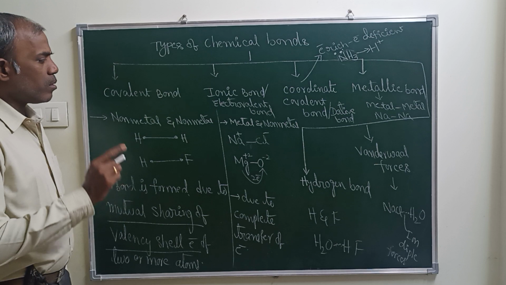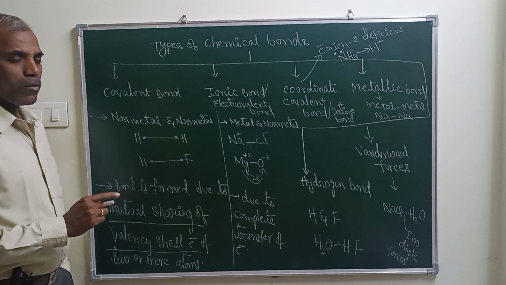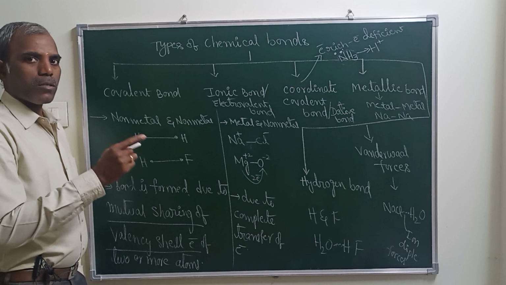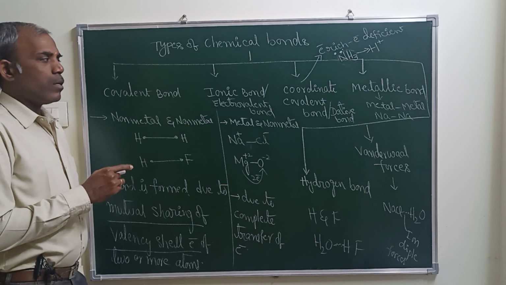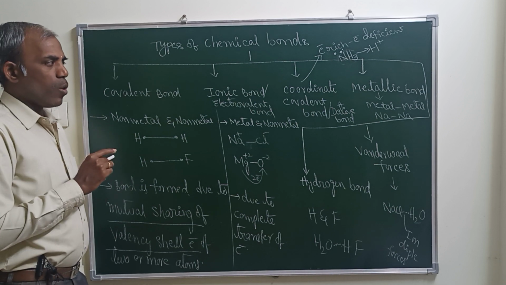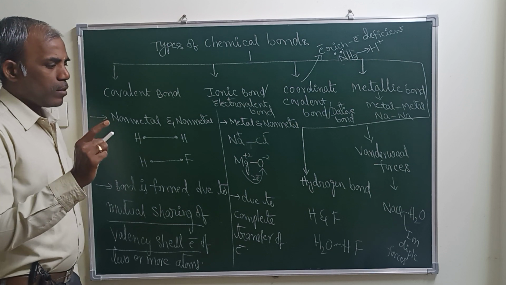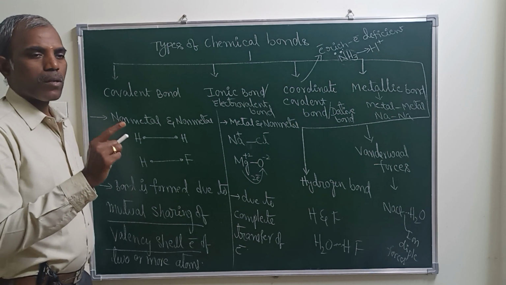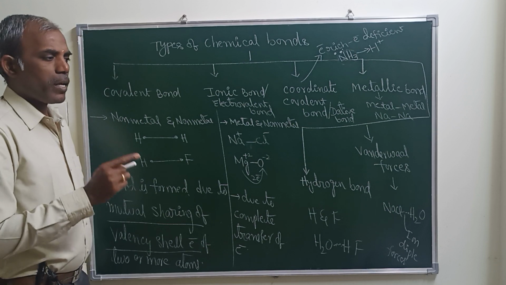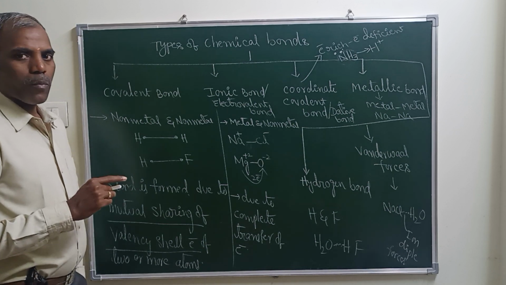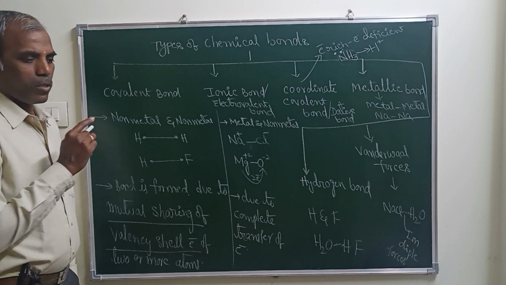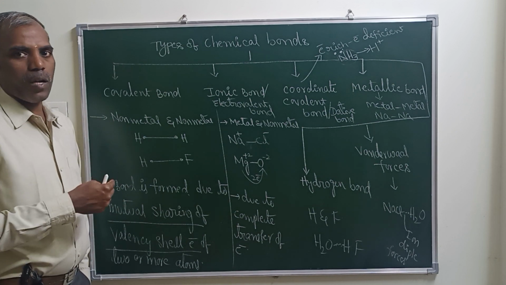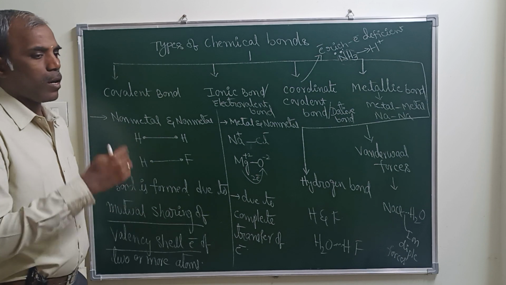What type of electrons? Valence shell electrons. What it means? Electrons that are present in the last shell of an atom. And as you all know, there are different types of elements: metals, non-metals, and metalloids. But when you are talking about the chemical bond, we need to concentrate on two types of elements, metals and non-metals.